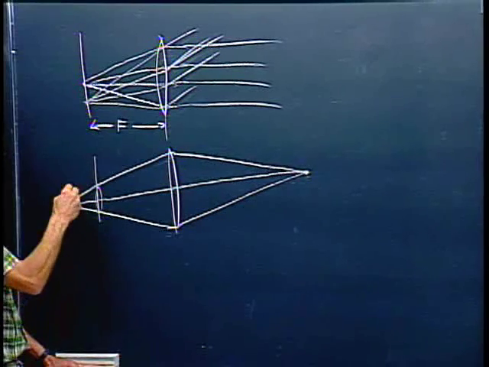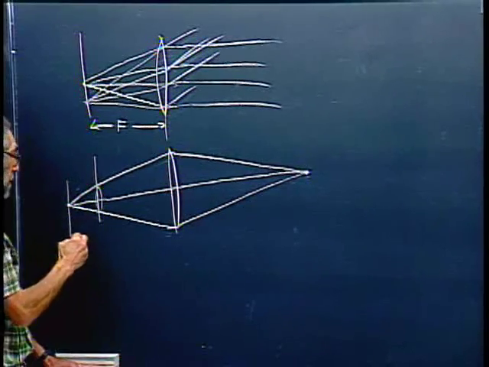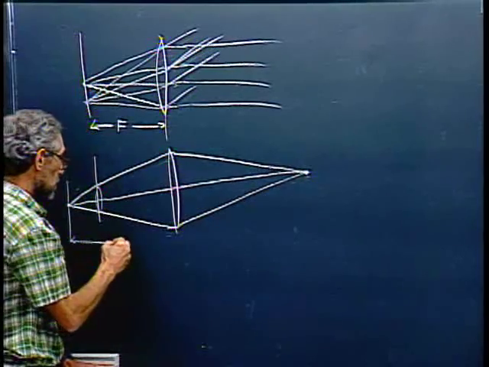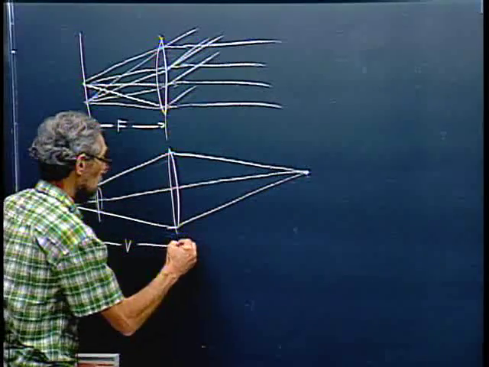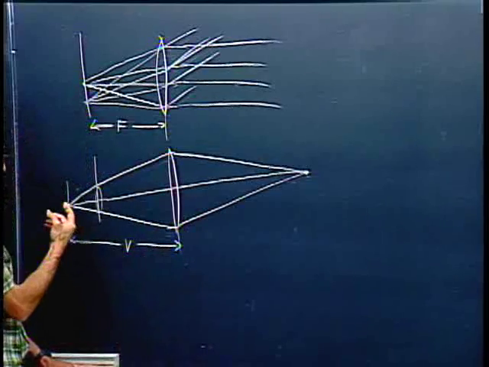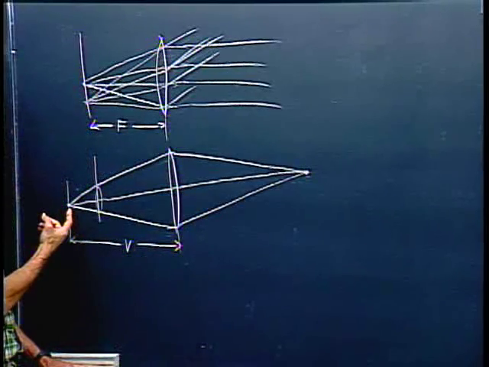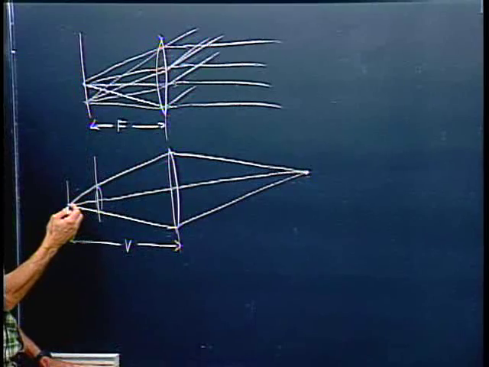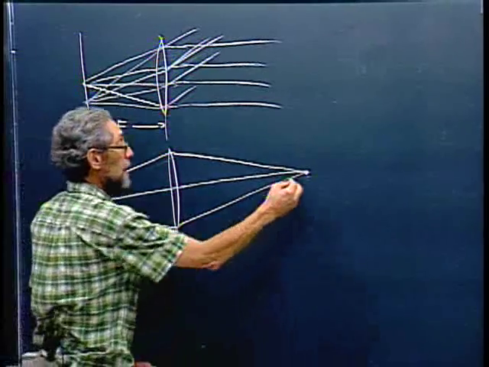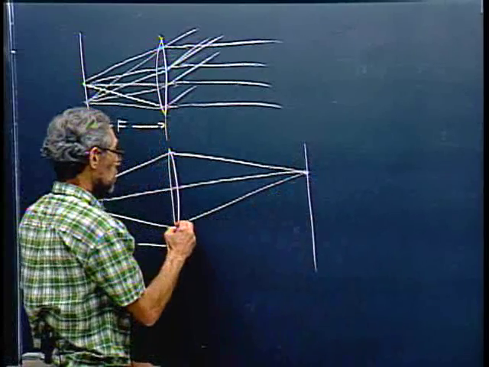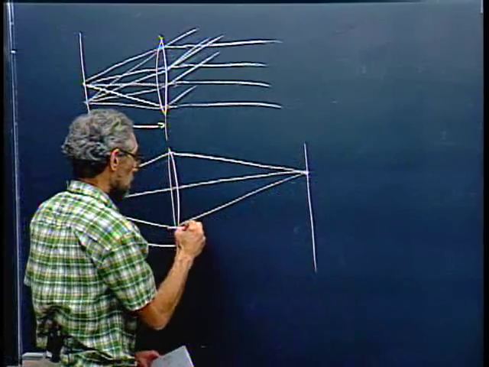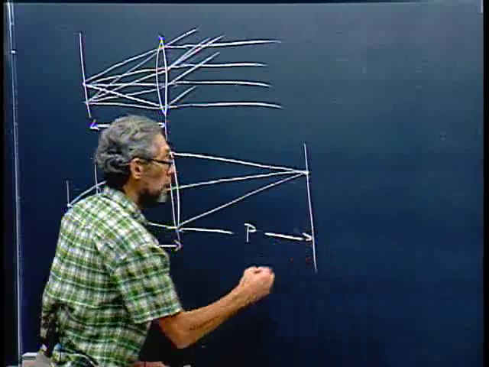But there is a distance, say, v, to, say, the film plane of the camera. If you move the lens farther away from the film plane, which is what you do when you focus the lens, you can make objects at this distance, which I'll call P, from the lens focus.